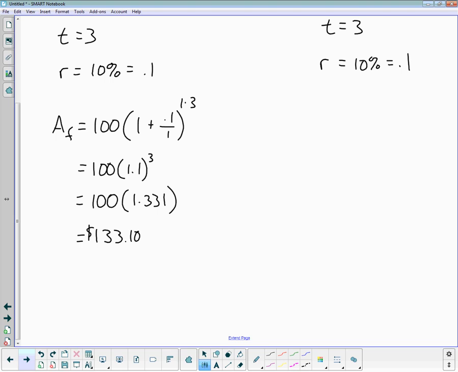No problem. Now we're going to do the exact same thing, but instead of compounding once a year in simple interest, I'm going to compound every 6 months. But the rate is still going to be 10% per year. So in order to deal with the fact that you're compounding more than once, your rate at each compound is reduced. Let me show you.